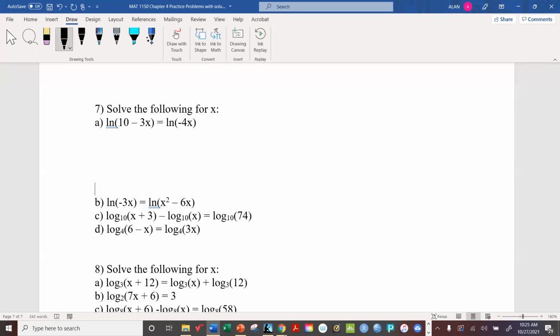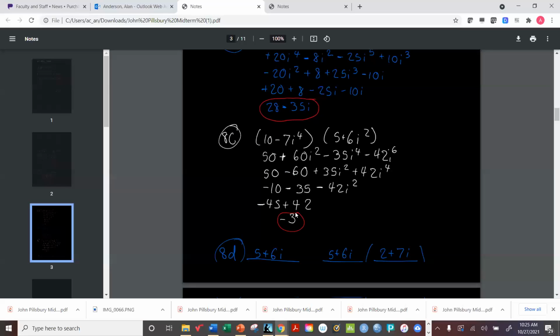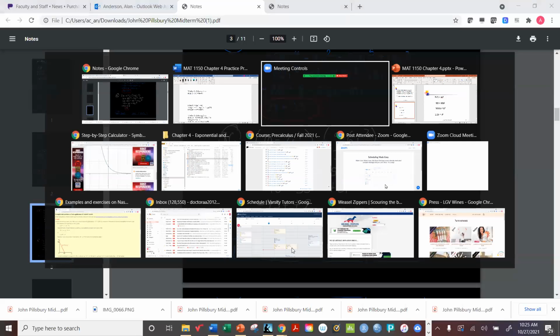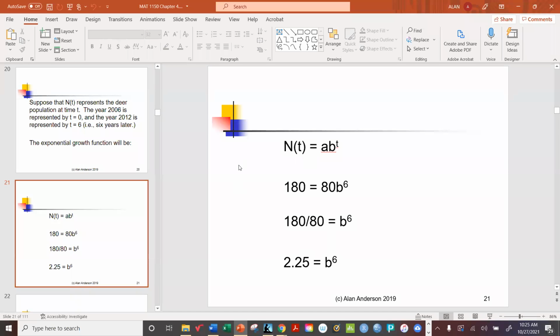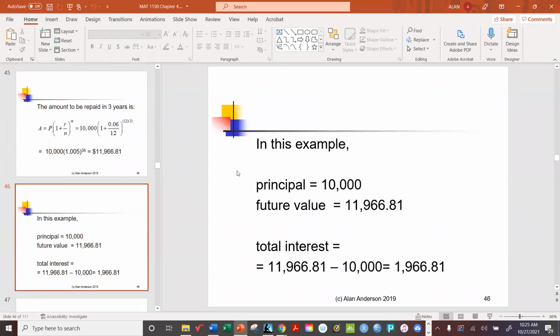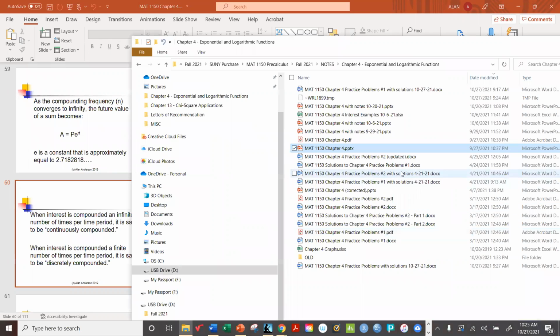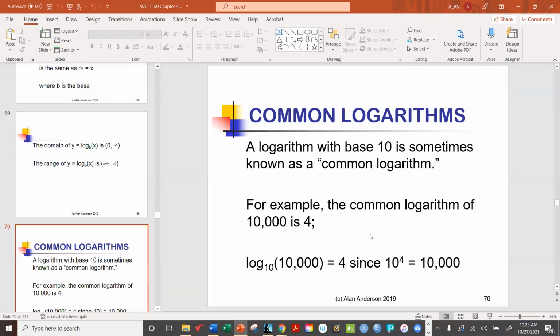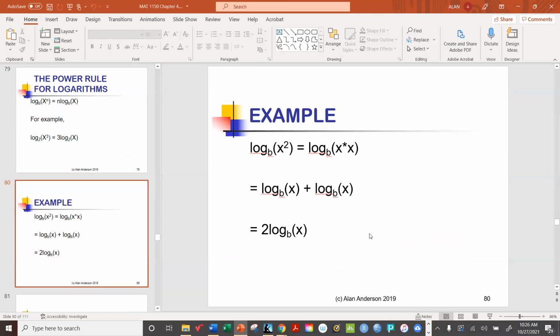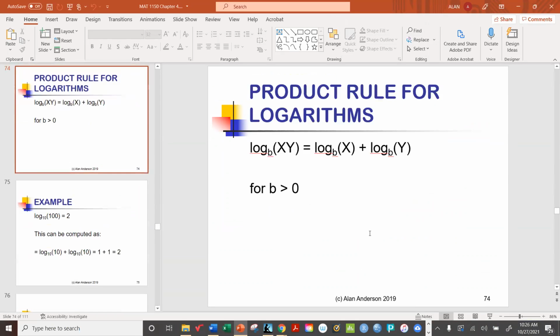Now, you might remember somewhere in chapter 4, let's go find it. There is a property that tells us, it would have been the second part of the chapter. Hold on.